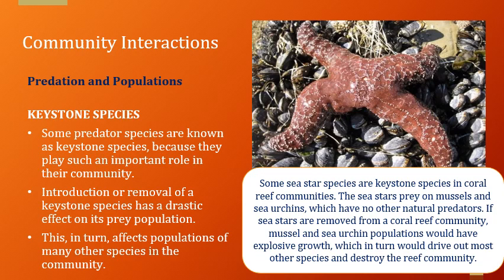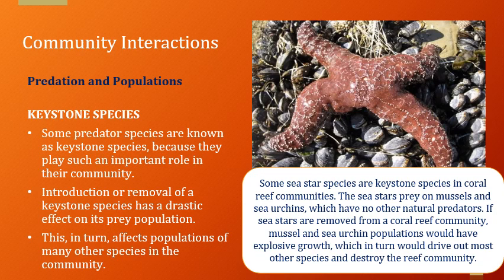These in turn affect populations of many other species in the community. A very good example of this is of course the presence of the starfish. Some starfish species are keystone species in coral reef communities. The sea star preys on mussels and sea urchins, which have no other natural predators.